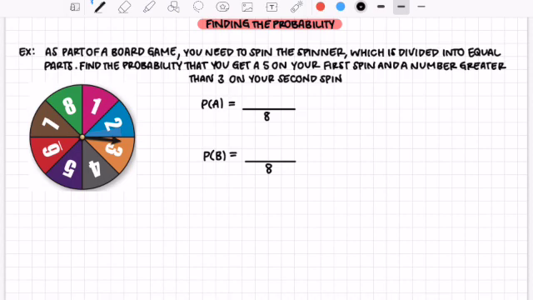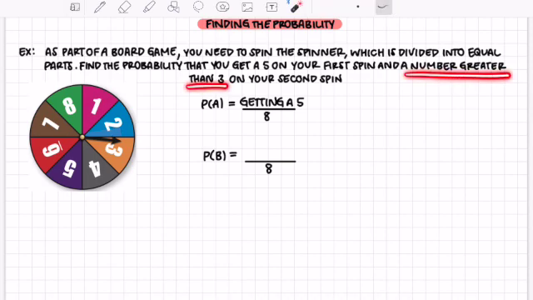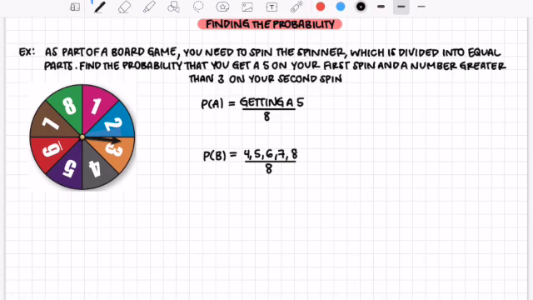Now, probability A is when we find the probability that we get a 5 on our first spin. So I'll write down, what's the probability of getting a 5? And then the other one is finding the probability of getting a number greater than 3. So numbers greater than 3 would be considered 4, 5, 6, 7, and 8.